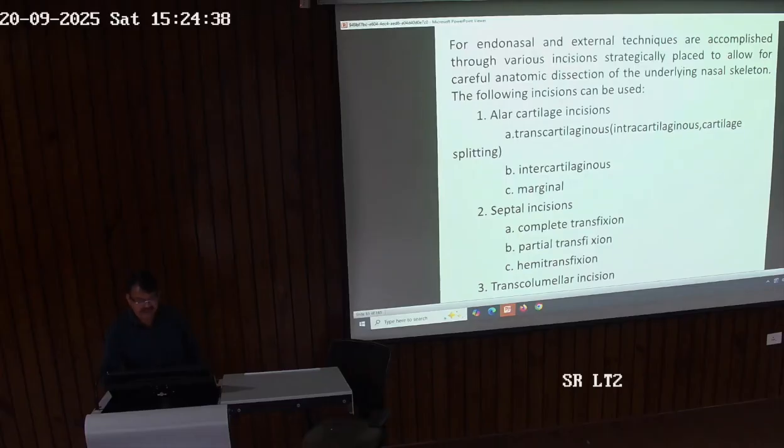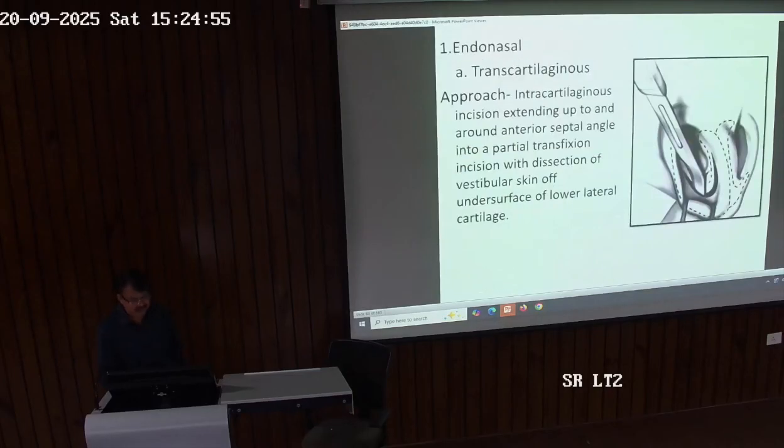The following incisions are given: alar cartilaginous incision, intercartilaginous, marginal and septal incisions, complete transfixion, partial transfixion and hemitransfixion, and transcolumellar incision. These are various types of incisions given in the nasal area.